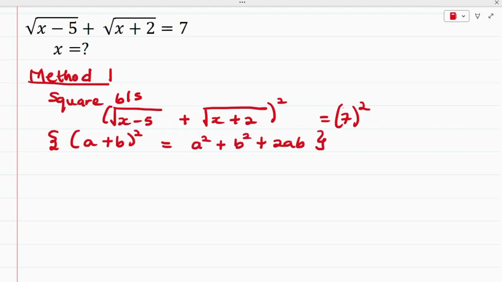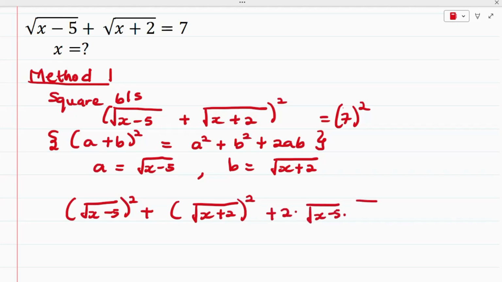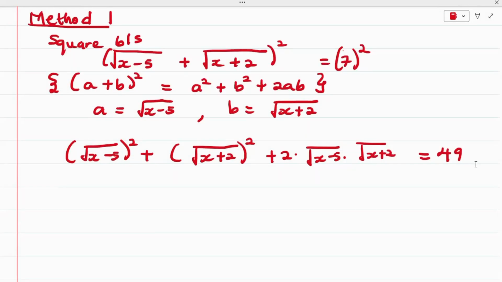So applying this property whereby a is equal to the square root of x minus 5 and b is equal to the square root of x plus 2, we have the square root of x minus 5 all square plus the square root of x plus 2 all square plus 2 multiply the square root of x minus 5 multiply the square root of x plus 2, and this is equal to 7 square, which is 49.